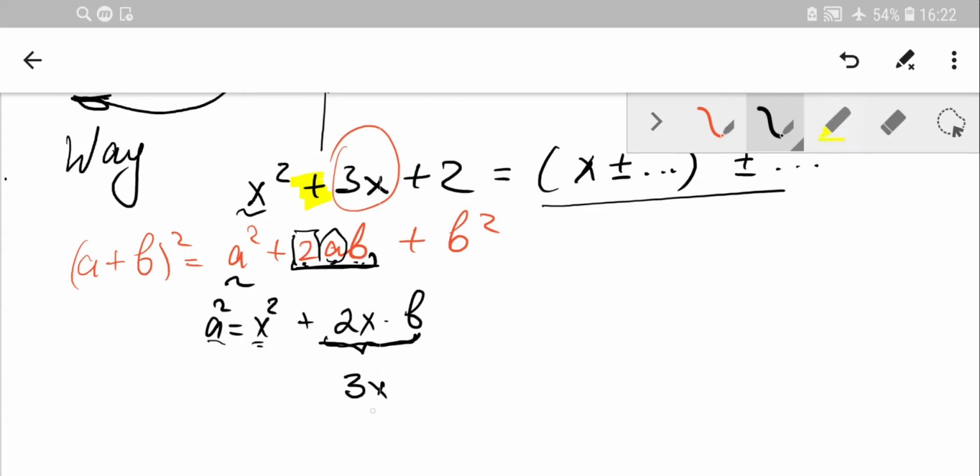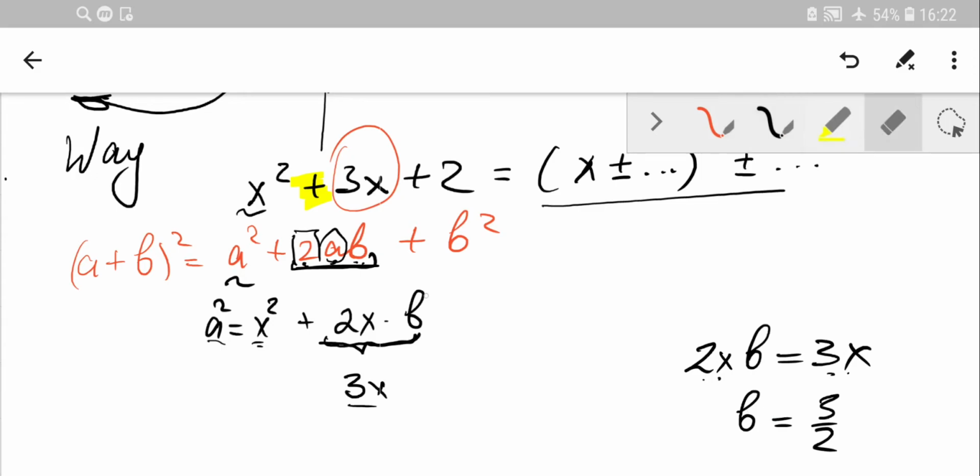How from 2x times b can we get to 3x? There are two ways. We can simply put 2xb equals 3x, and from here we can figure out that b is simply 3 over 2 because x will be cancelled, or just compare the coefficients before the x terms in both expressions. So b is 3 over 2.